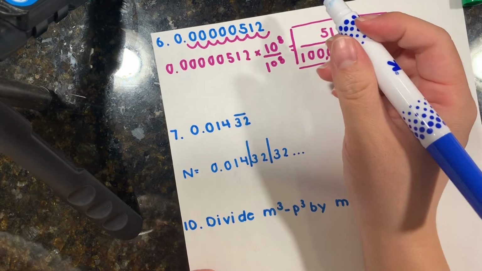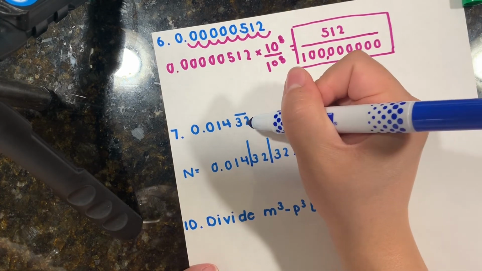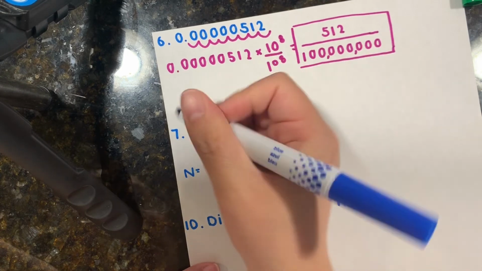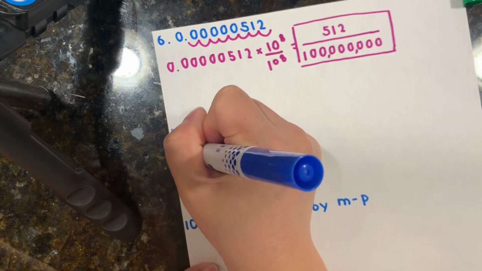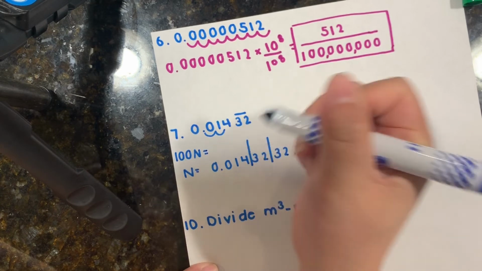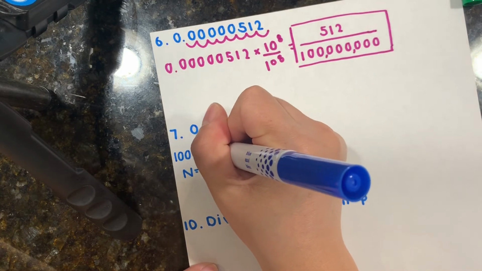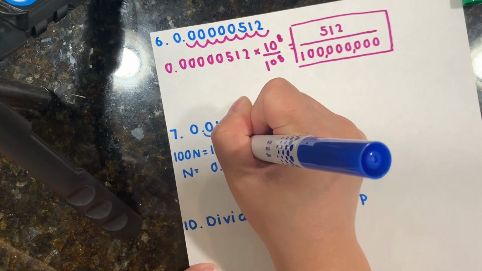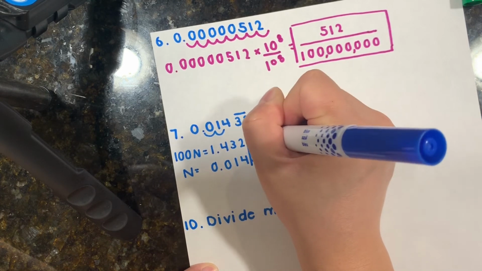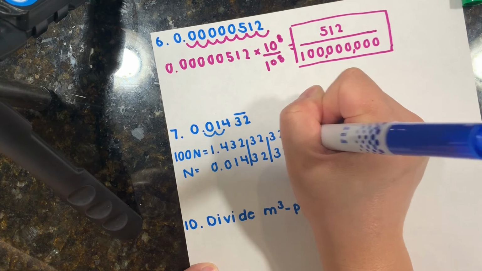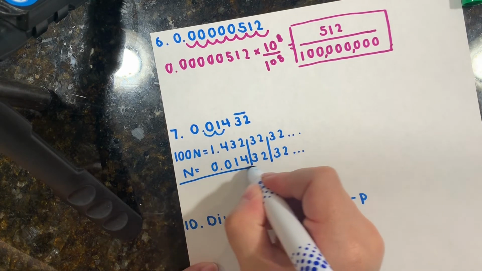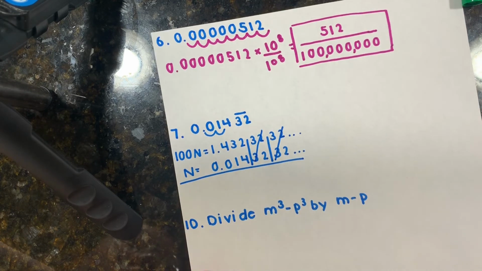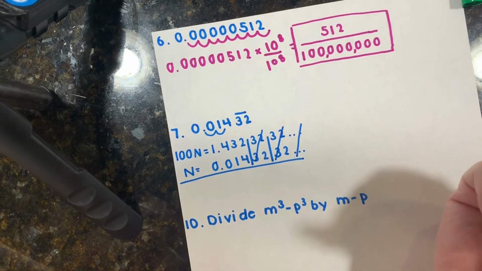So basically what I would need to do, in order for this 32 to match up, is move this decimal over 2 spaces, meaning that I'm going to multiply it by 100, and that would give me 1.4323232. And I'm subtracting these so that the 32's cancel. The repeating decimal does cancel, so all the repeating decimal cancels.